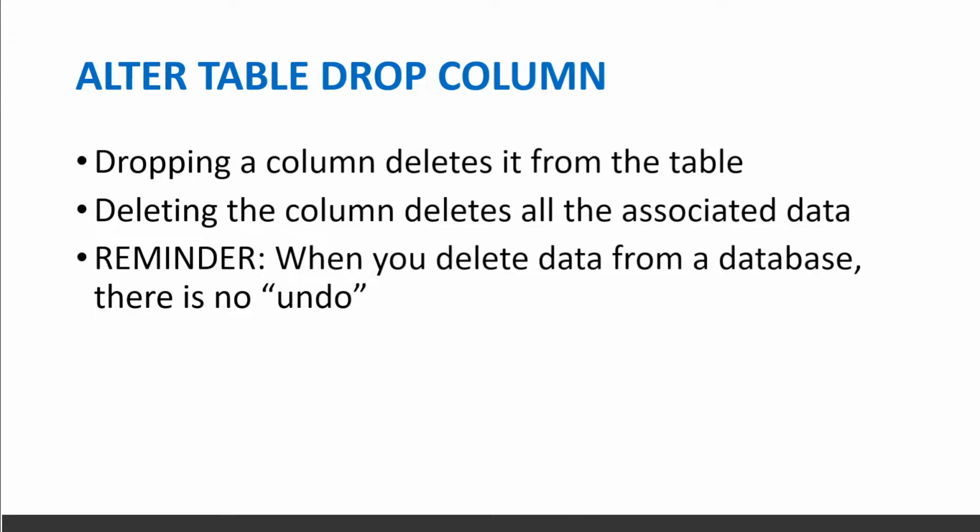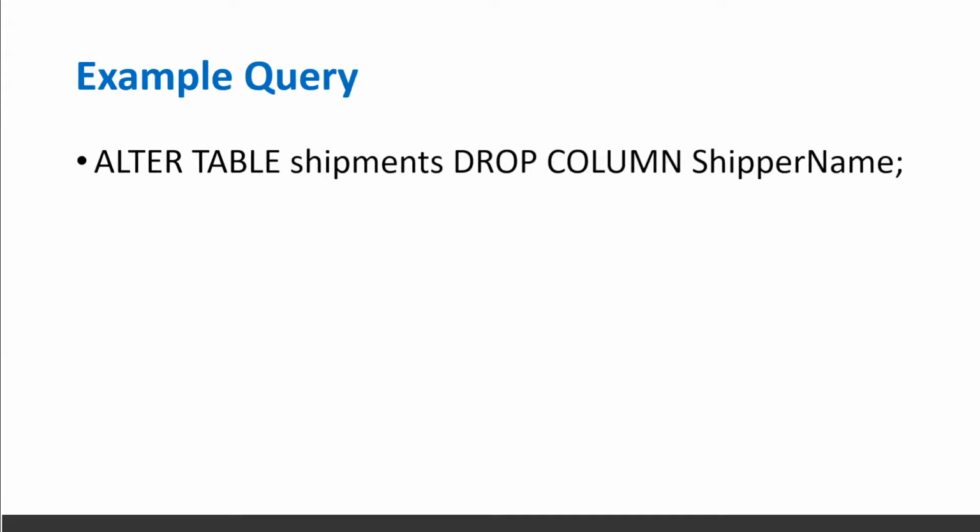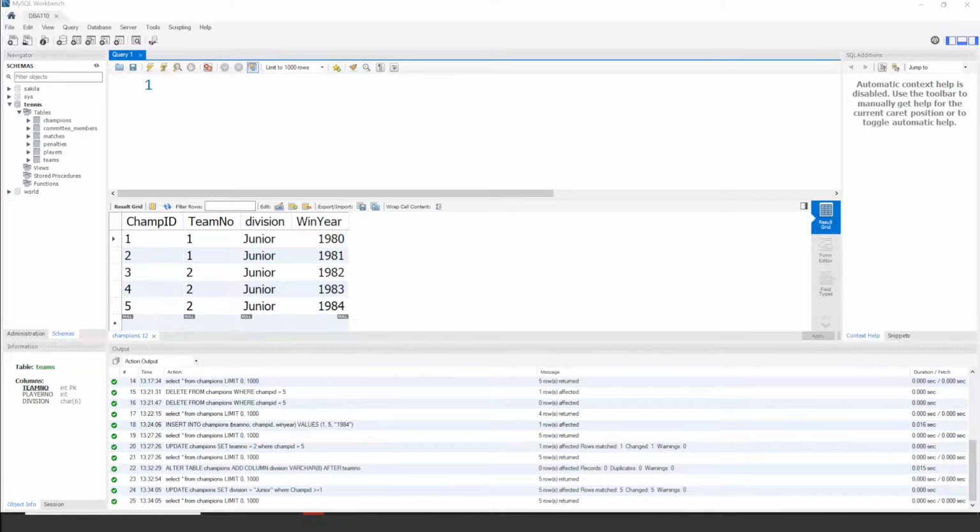So when you drop the column, it is gone forever, and all the data that's in that column is gone forever. So we see alter table shipments drop column, whatever the name of the column is. In this case, I'm ahead of myself. Alter table champions, drop column division.